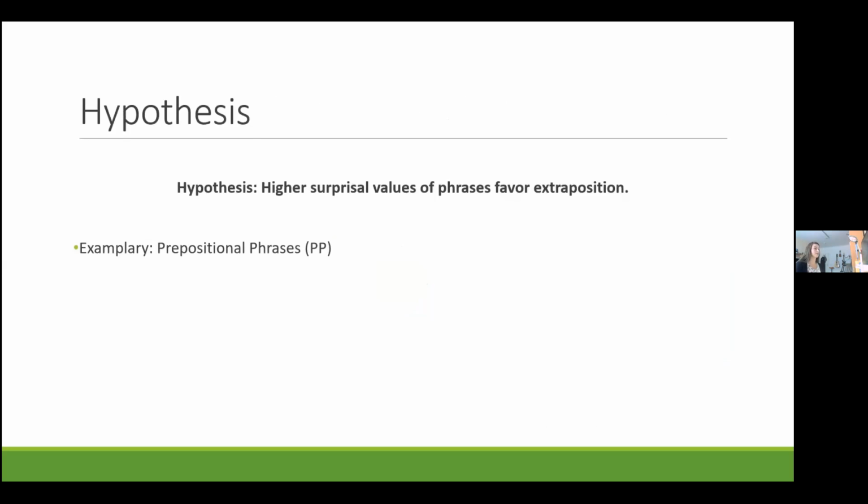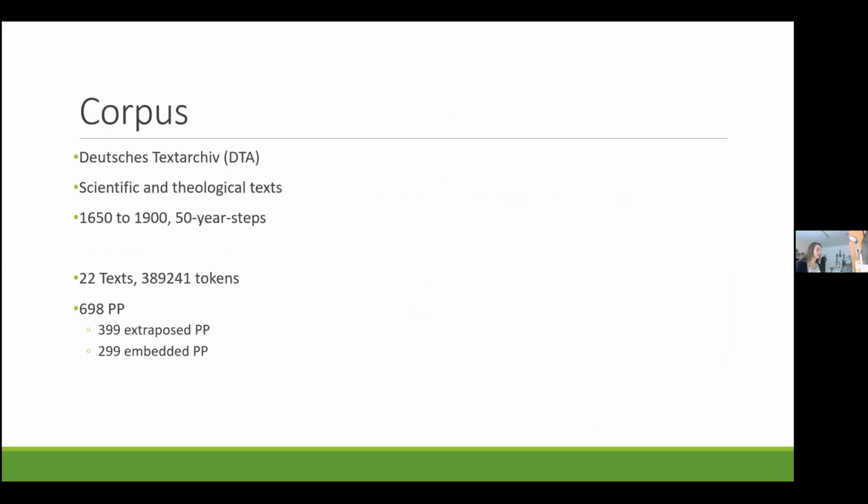So this leads to our hypothesis. We say that higher surprisal values of phrases favor extraposition. And we want to exemplify this on prepositional phrases. To do so, we conducted a corpus study with texts taken from the Deutsches Textarchiv, the DTA, because these texts were pre-processed, basically tokenized and lemmatized.